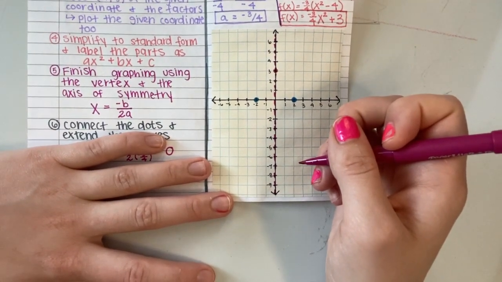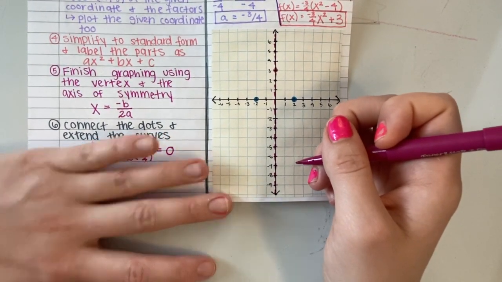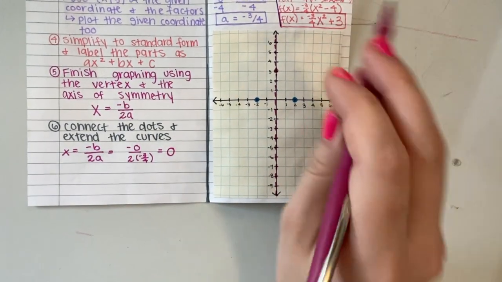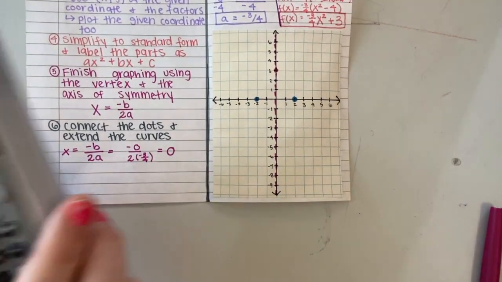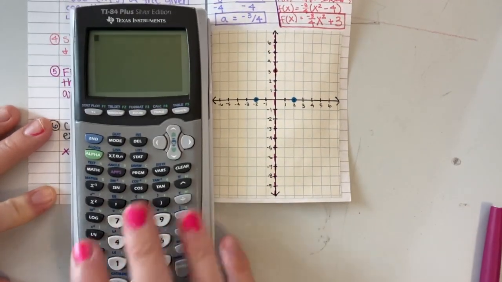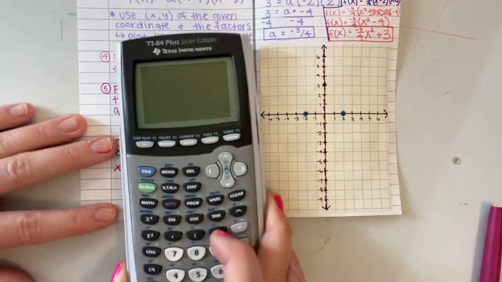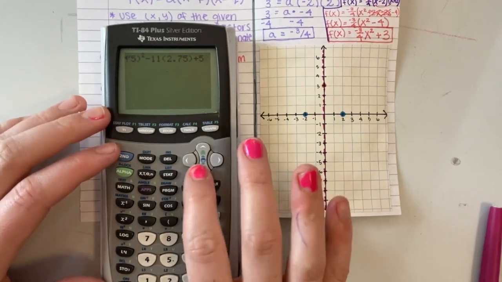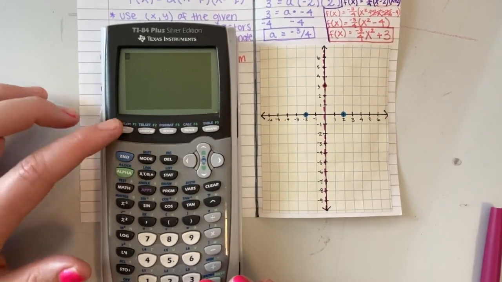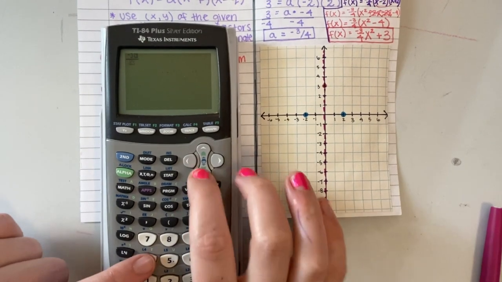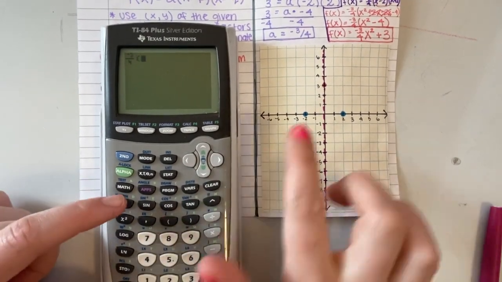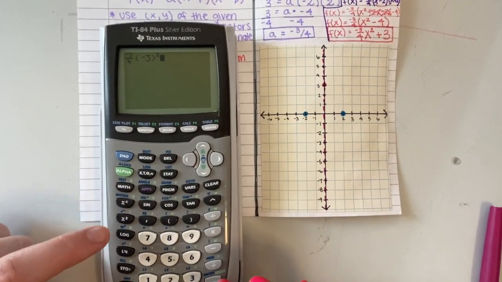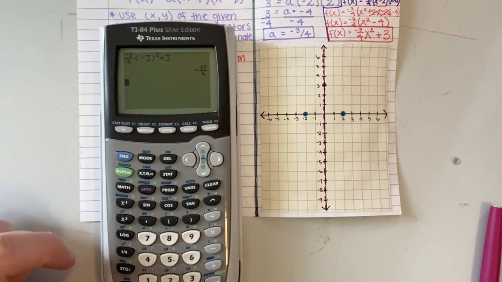If you want more than just 3 points on your graph, you can plug in other x values into your equation to find more points. I'm going to do that really quickly just so we can see it. So my equation, we got -3/4, I'm going to plug in -3 squared plus 3.